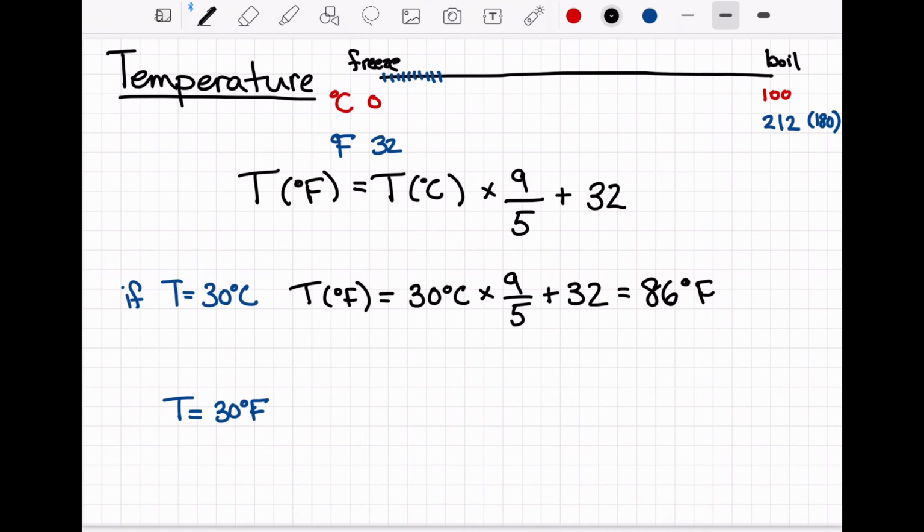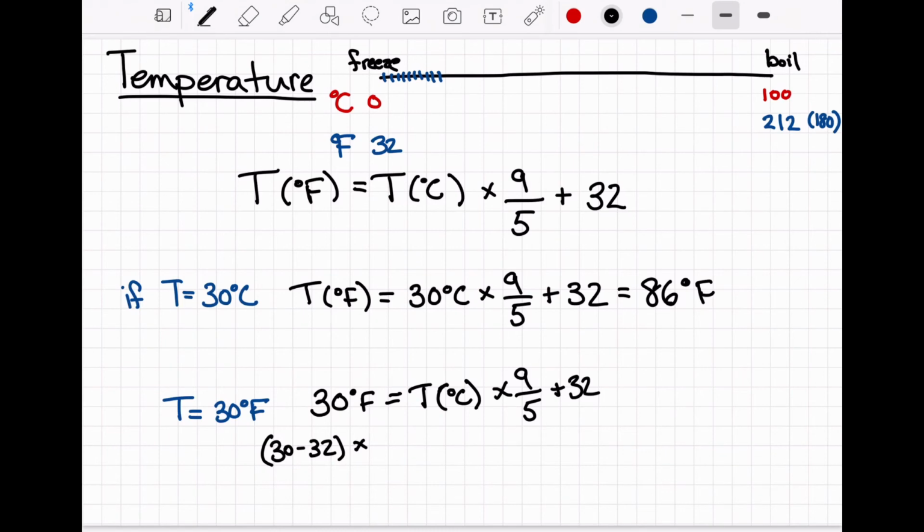So let's do the flip side. What is the temperature in degrees Celsius when we know that the temperature is 30 degrees Fahrenheit? I'm going to start off with 30 degrees Fahrenheit equals temperature in degrees C times 9/5 plus 32. I'm going to do this math out a little bit so you can see how this works. 30 minus 32 gives me a negative number.